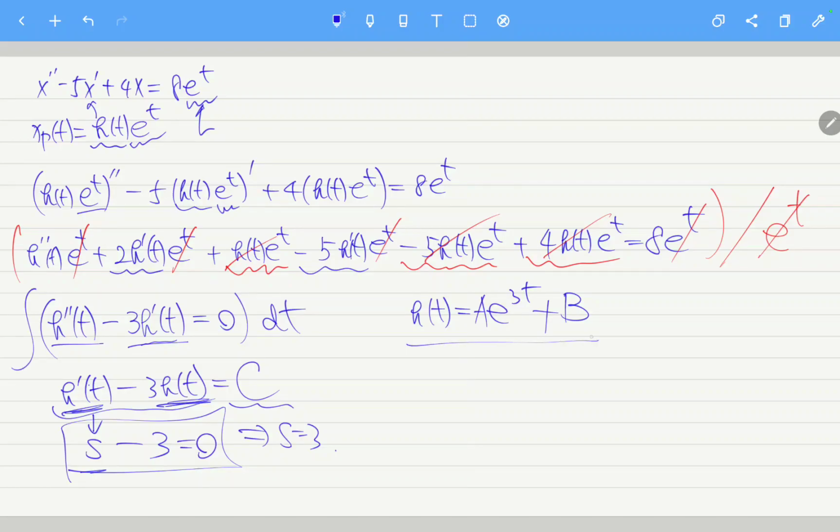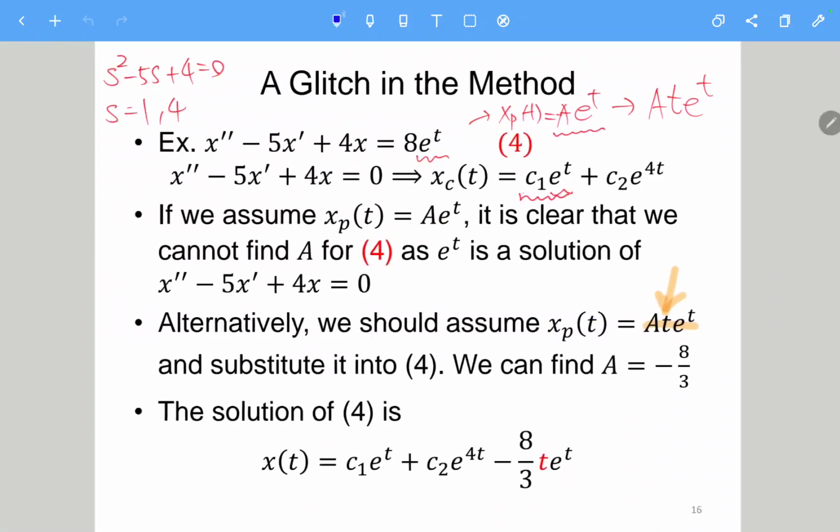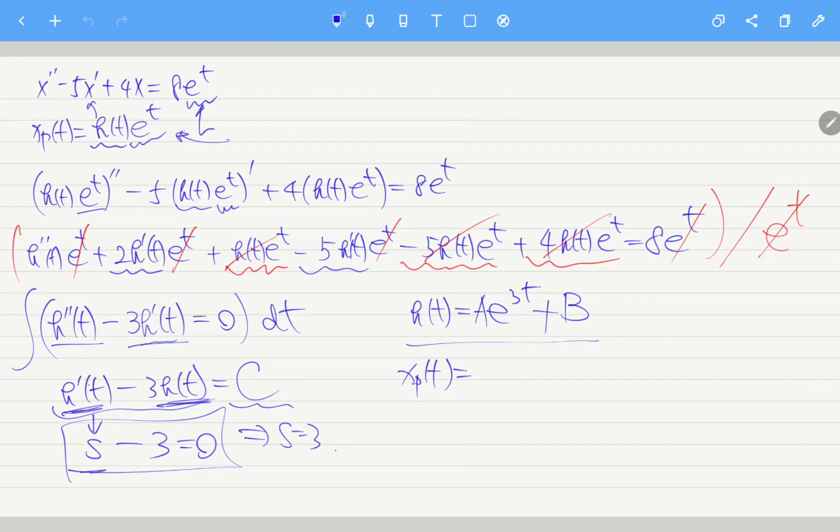So if we just plug this one back to here, then we'll get x p of t to be plus 2 h prime t minus 3.